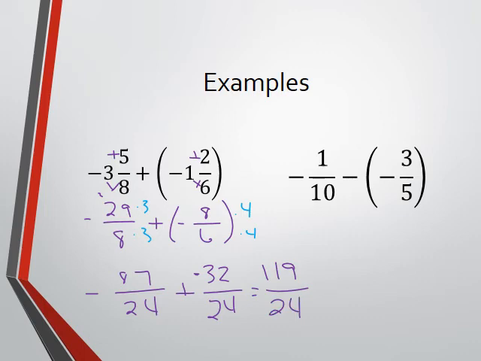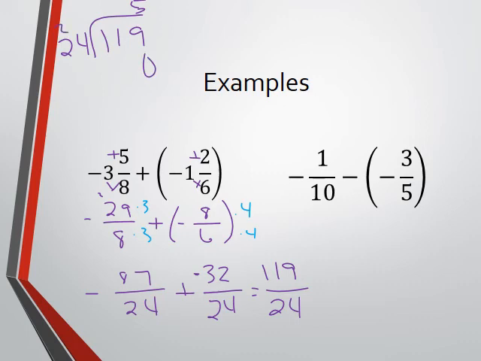Now, if I divide that out, guys, 119 divided by 24. 24 is going to go into 119. I think 5 times 4 is 20.